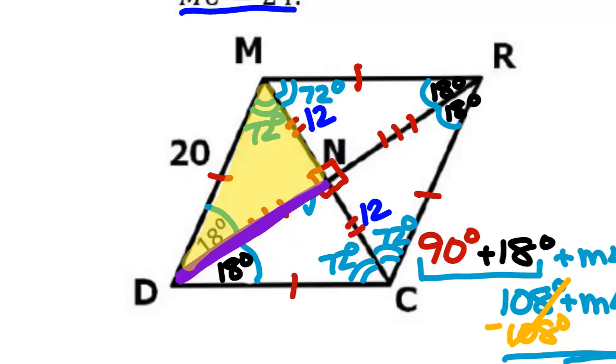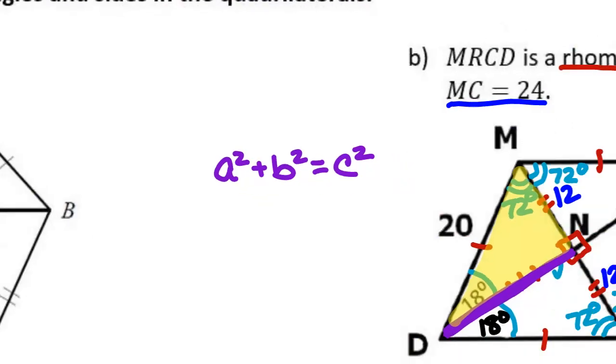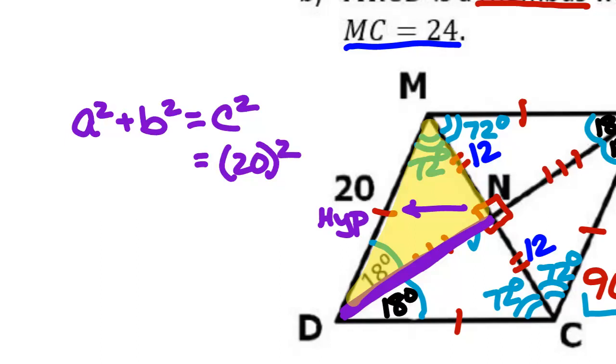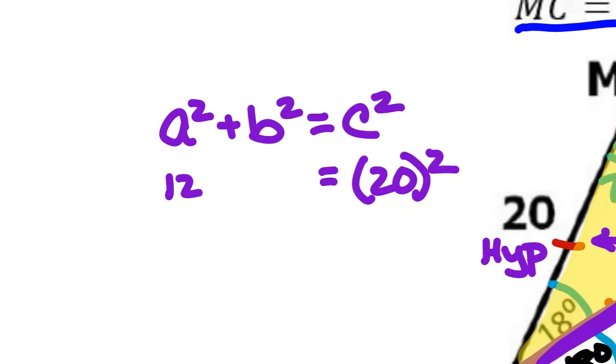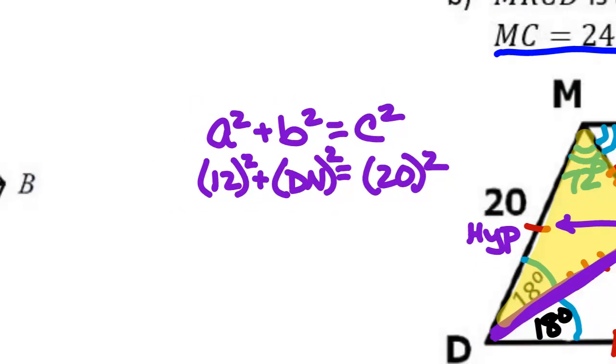It is a right triangle, so I can use the Pythagorean theorem: a squared plus b squared equals c squared. For this triangle highlighted in yellow, 20 is opposite that right angle, so that is my hypotenuse and goes in for c. 12 goes in for either a or b, doesn't matter. So I have 12 squared plus DN squared is equal to 20 squared.